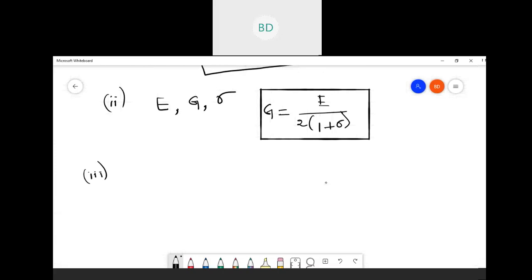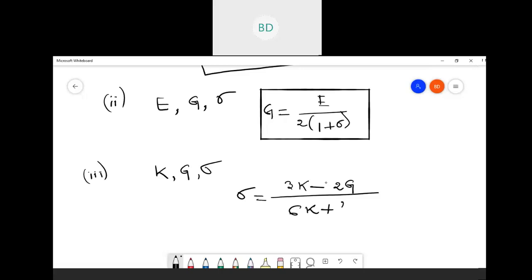Number 3, relating K, G and sigma. You can write mu also. So Poisson's ratio sigma is equal to 3K minus 2G by 6K plus 2G.